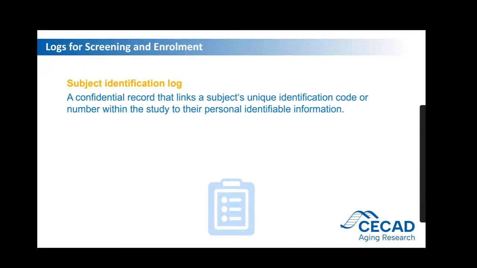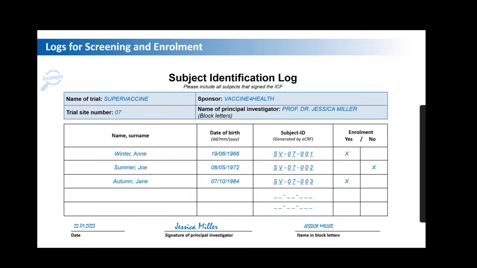And to know what person stands behind the subject ID, you need this identification log. Because here, the actual name of a person and their birth date get connected to the subject ID. And this is a highly confidential document. It should never be shared with a sponsor.